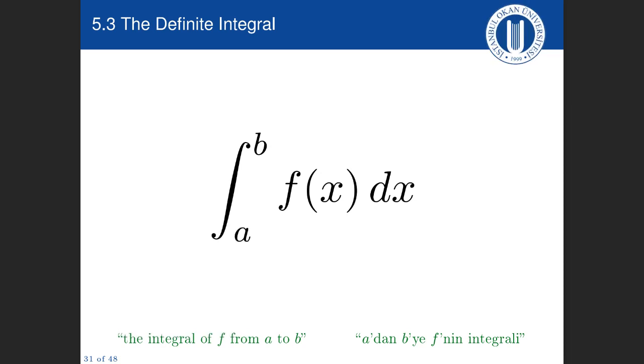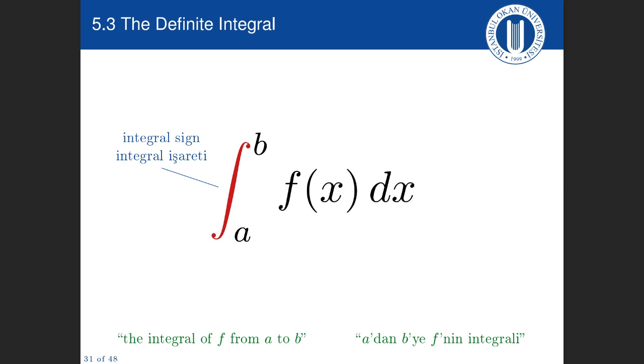The notation looks like this. We read this as the integral of f from a to b. This stretched letter s is an integral sign. Why is it s? Because we're doing sums. We're doing Riemann sums, and then we're taking the limit of the Riemann sums.